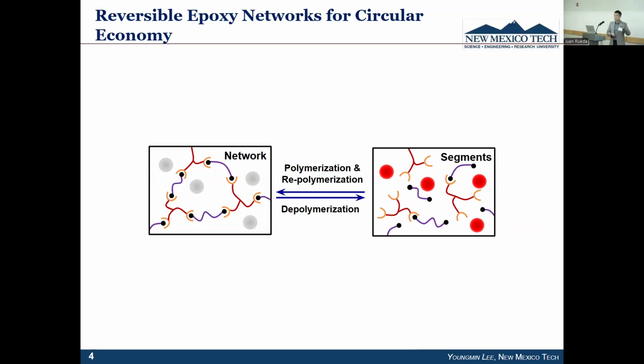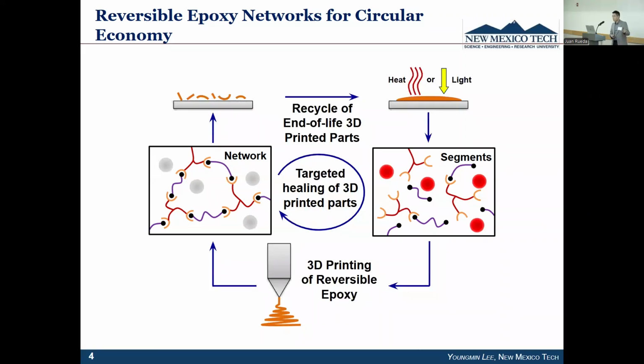My final goal in my research group is using this material as a 3D printing feedstock. First we print and use it. After use, at the end of its life, we can recover it, and by heat or light we can get back to the 3D printing feedstock and use it again.